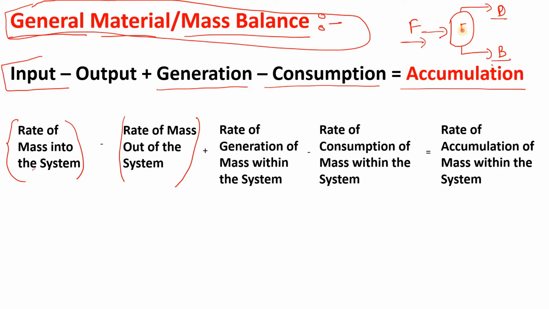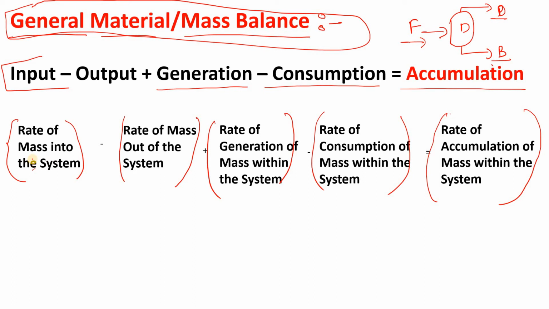This is our system, that is the distillation column, plus rate of generation of mass within the system, minus rate of consumption of mass. While in a unit operation there will not be any reaction, this is the journal formula. While doing the problem, these terms will be cancelled out or become 0, but this is our journal formula, and in the last, equal to rate of accumulation of mass within the system.